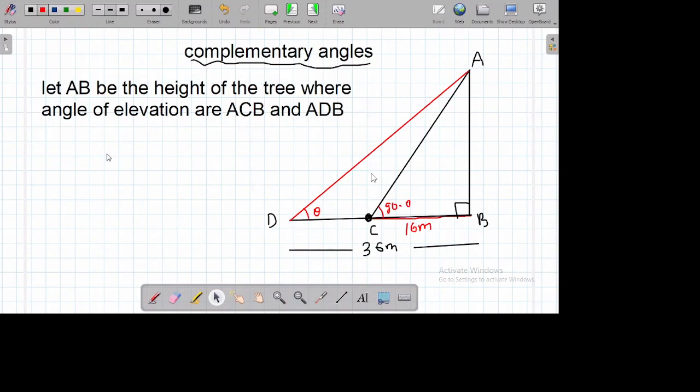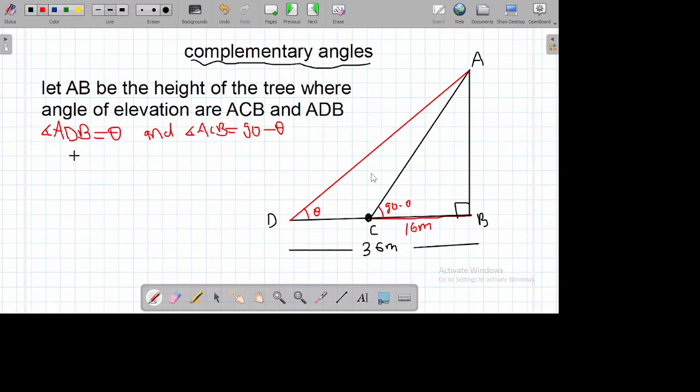Now, since the complementary angle is given, the angle formed by Deson, ADB, I have supposed as theta, and angle ACB, which is made by Christie, is 90 minus theta. I hope everybody has understood.